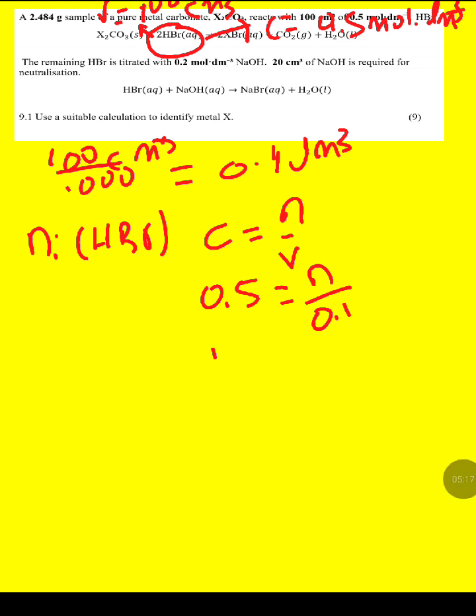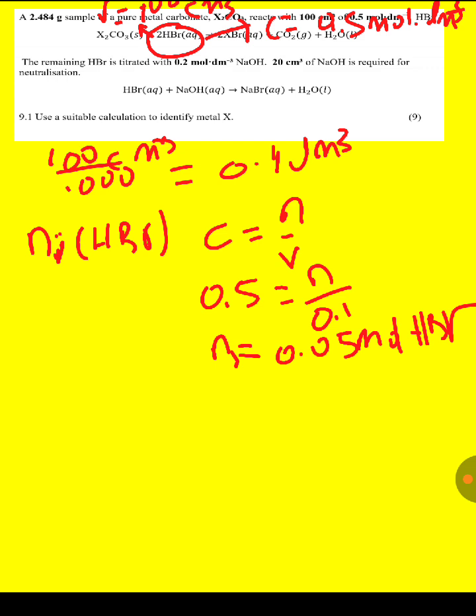Then you get number of moles equal to 0.05 moles of HBr, and these are the initial number of moles.